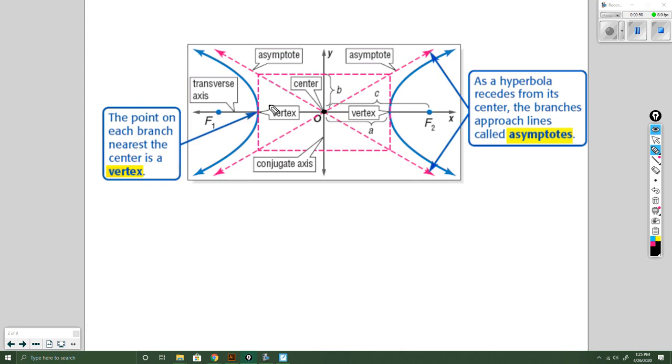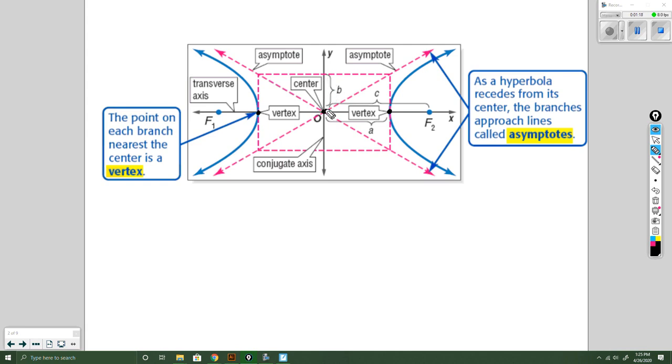And we're going to see vertices, just like we had with an ellipse. We had vertices there and co-vertices. We have vertices here. Each vertex is one of the points actually on the graph.